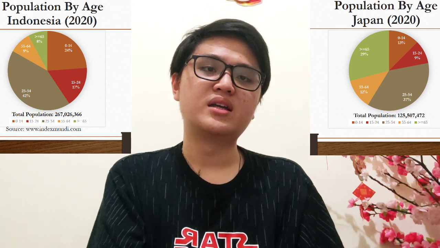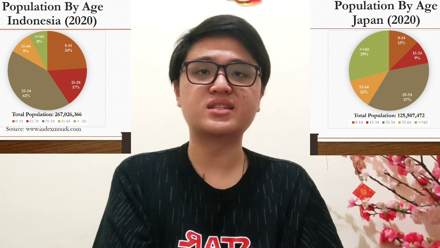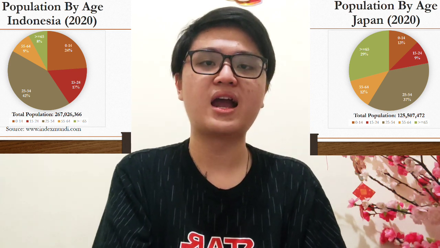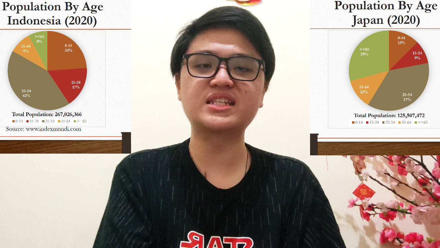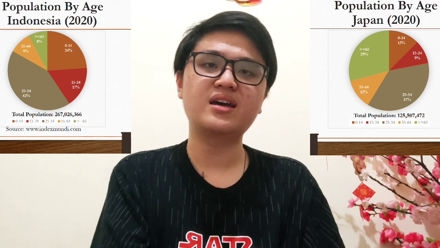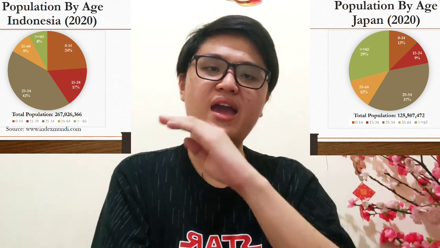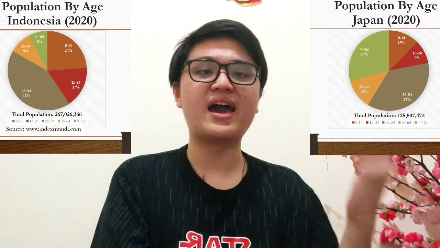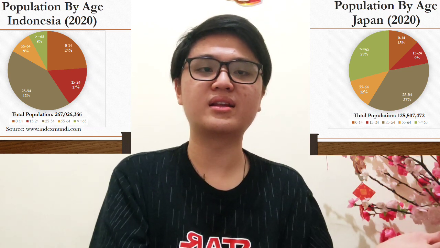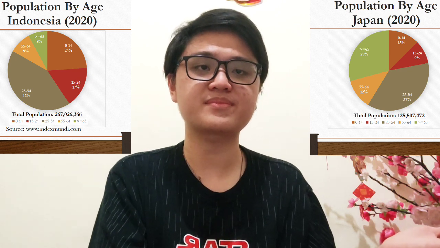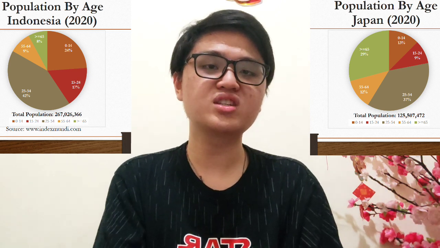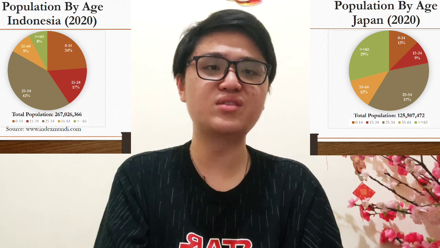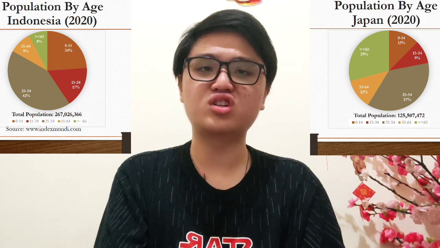In the next category, 15 until 24 years old, you can see that there is an 8% difference between Indonesia and Japan. And now let's go to the third category, which is the biggest difference in this pie chart.